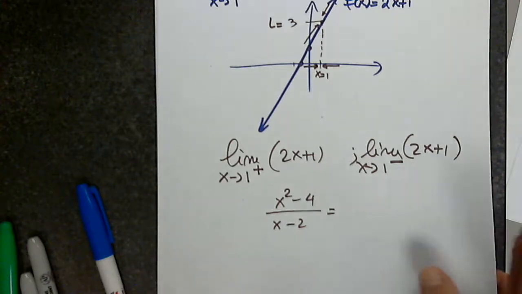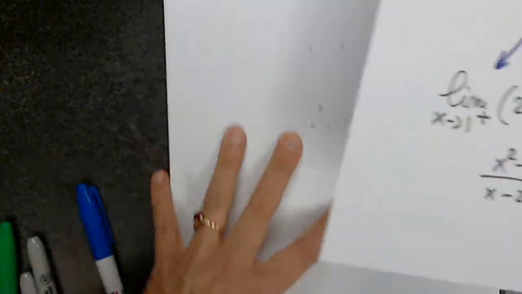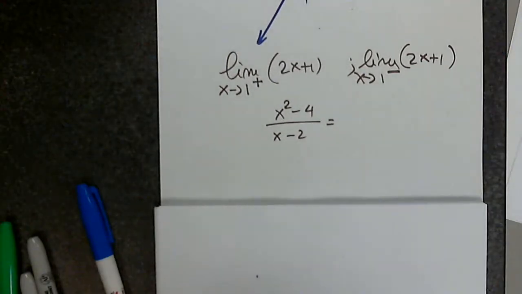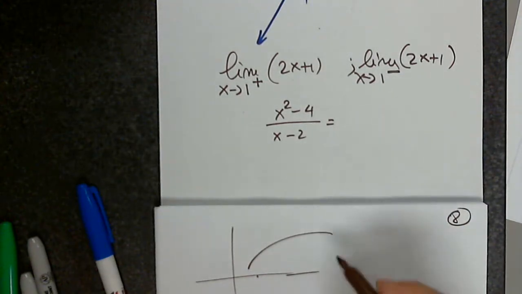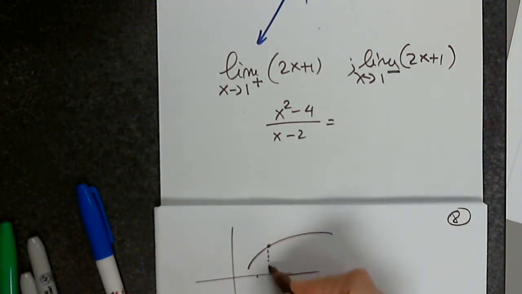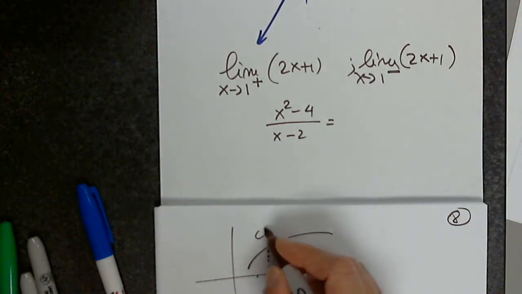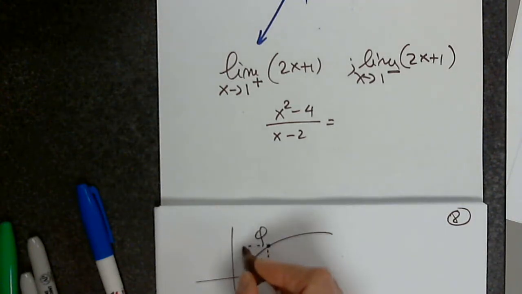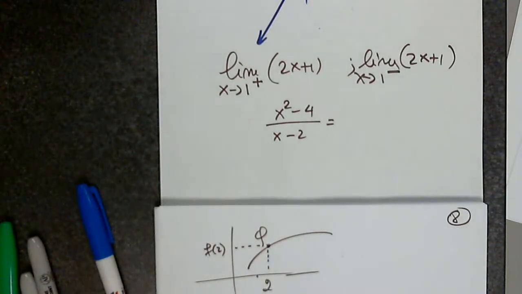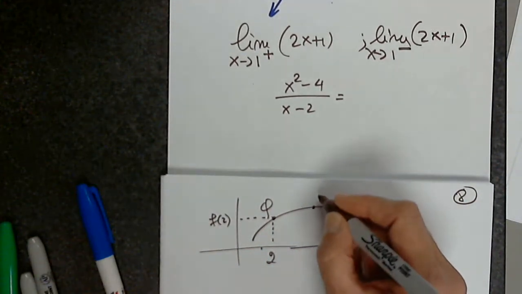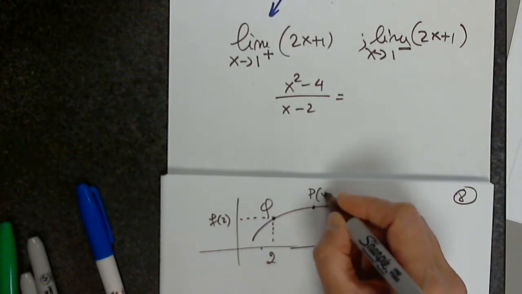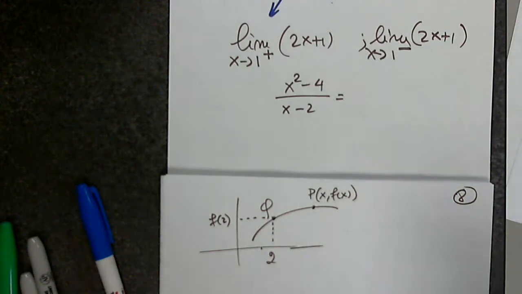Okay, so here's our function. And I have here a point Q, which is 2 comma f of 2. And I have another point, which is P, x comma f of x.